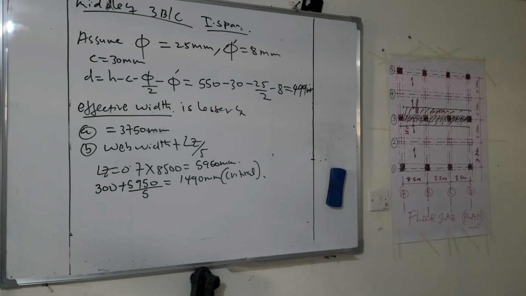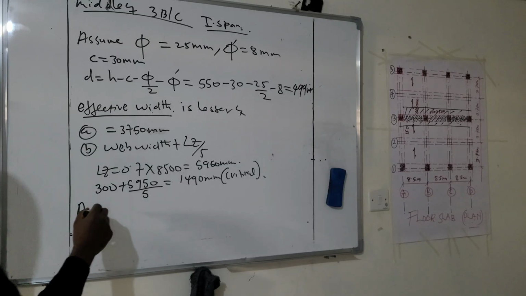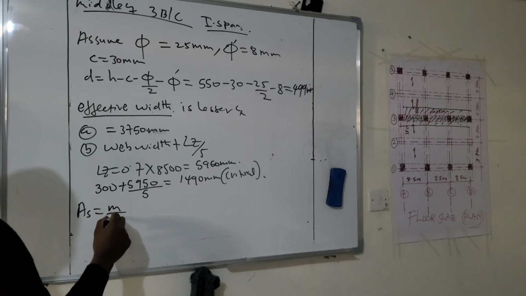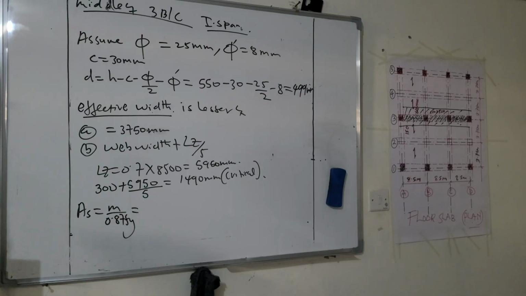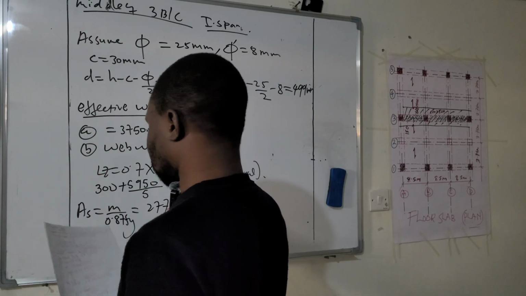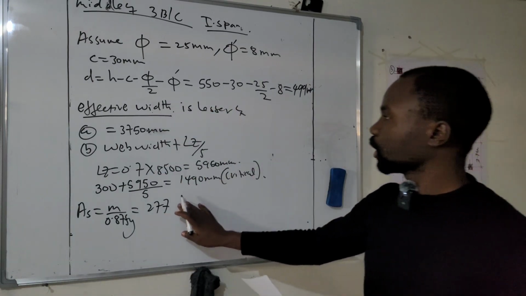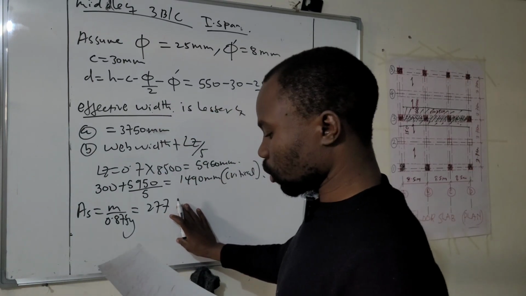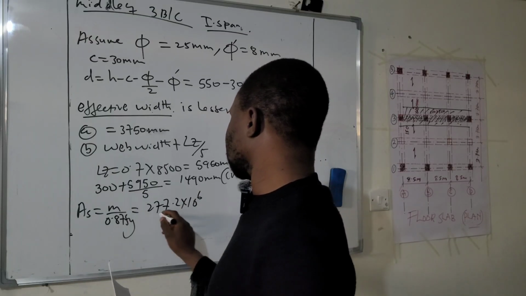So area of steel is equal to M over 0.87 Fy. So this one is equal to 277.2 times 10 to the power 6.